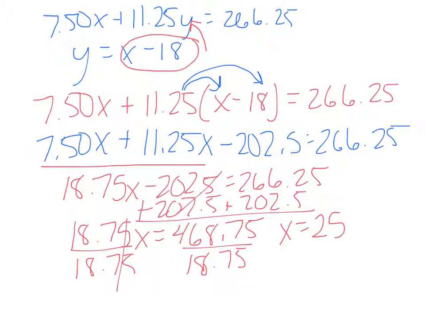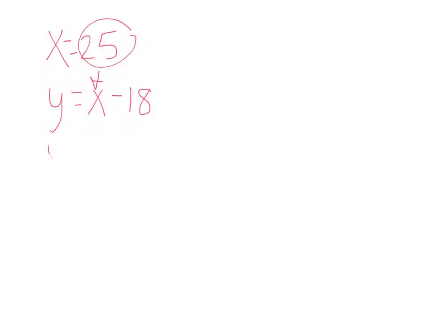Now we are not done just yet. We need to find out what y is, and we're going to plug this 25 back into the equation y equals x minus 18. We said x is 25, so y is equal to 25 minus 18, which gives us 7.